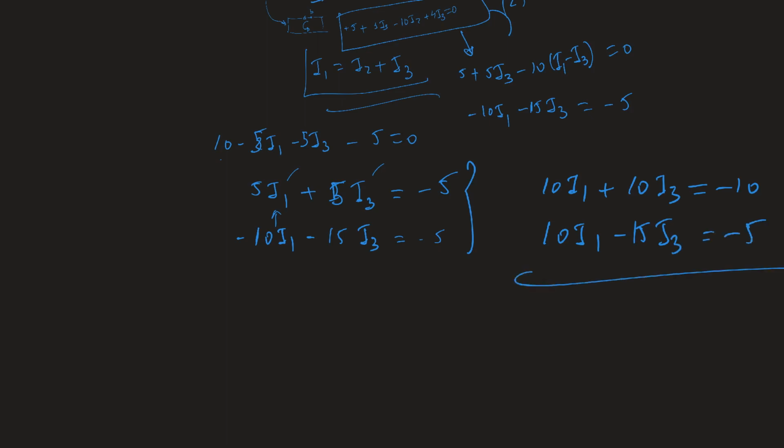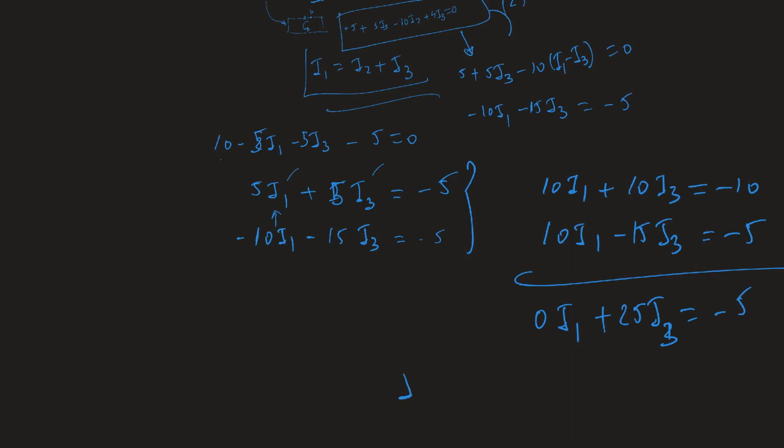Now if I subtract the first by the second, I will have 0I1, 10 minus 15, which is 25I3, equal to minus 10 plus 5, minus 5.